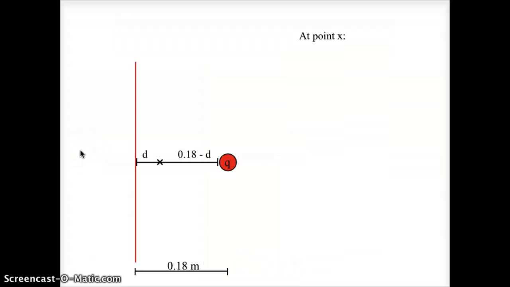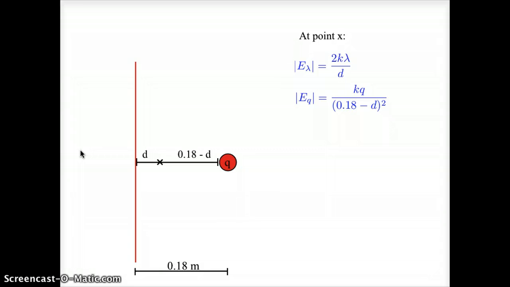So at point x, if we look at the electric field due to the charged line, that's going to be 2k times lambda over the distance d, pointing in that case to the right. The electric field from the point charge will be kq divided by the distance from the point charge, (0.18 minus d) squared, pointing to the left.